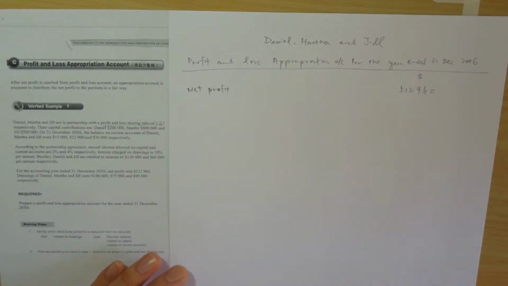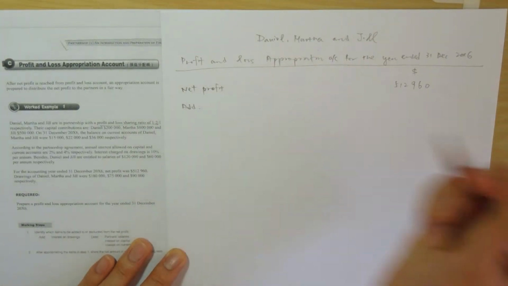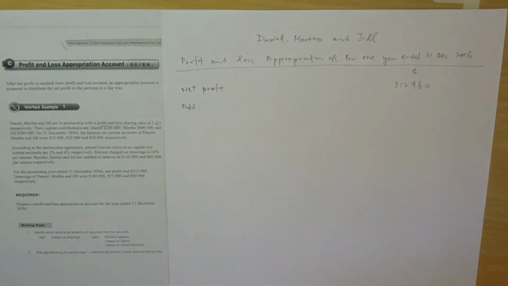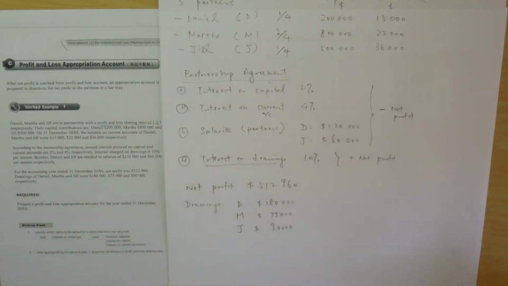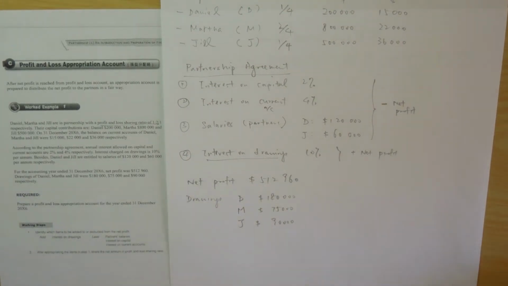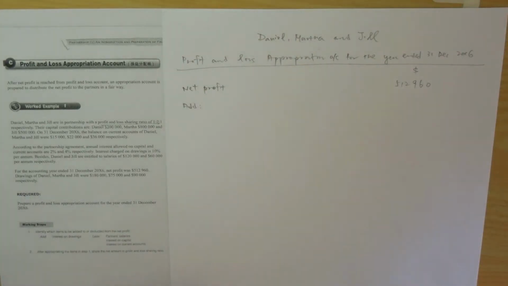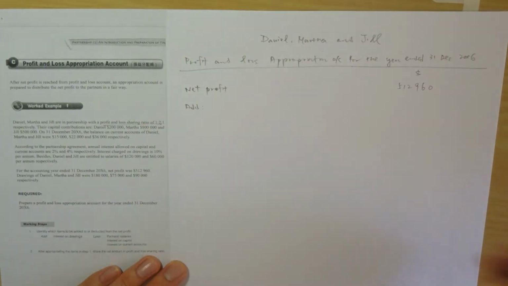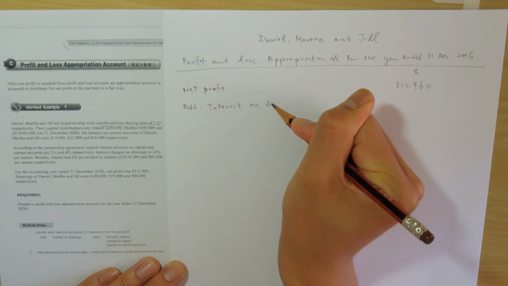Okay, next one we should first add the items that will increase the net profit. That means the interest on drawings. So how to calculate the interest on drawings? We base it on the drawings and then take a certain percentage as the interest. Therefore, interest on drawings.